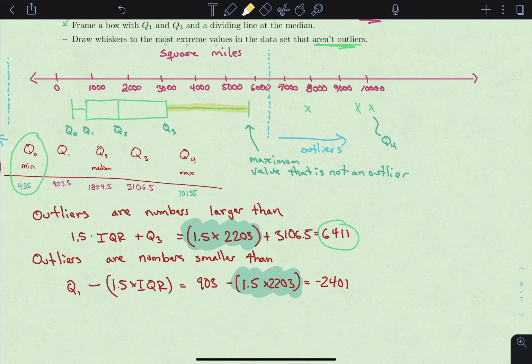The interquartile range is a number that measures spread in the sense that if the interquartile range is large, then the data is probably more spread out. But if the interquartile range is small, then the data is probably all smushed together. I guess we can draw that onto our already crowded picture.